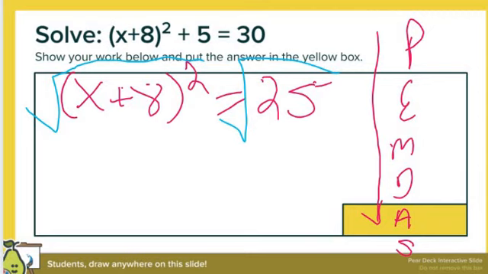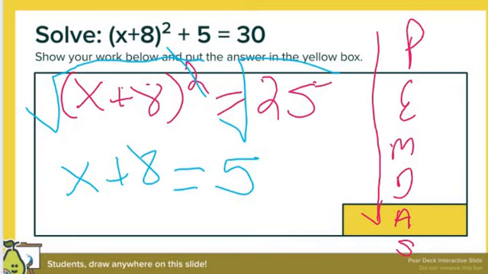So the square root gets rid of the square. The square root of 25 is 5. x plus 8, and then you minus 8 on both sides.